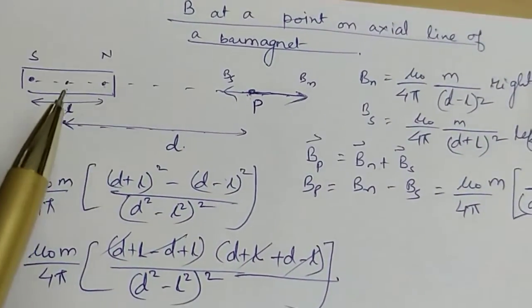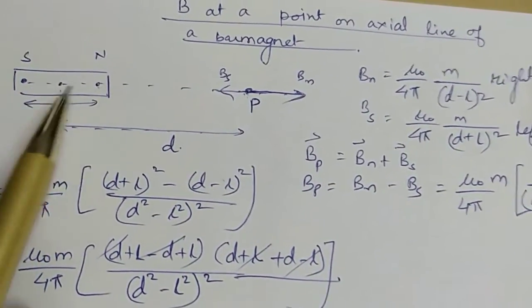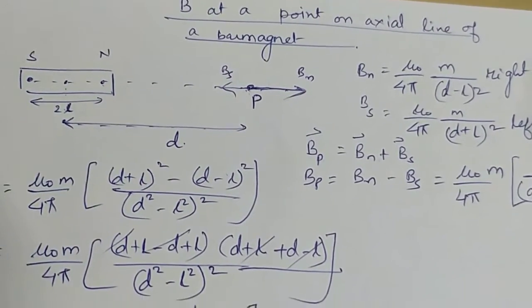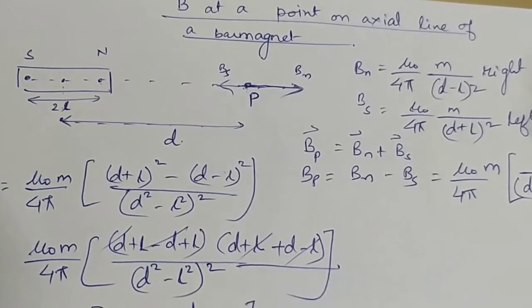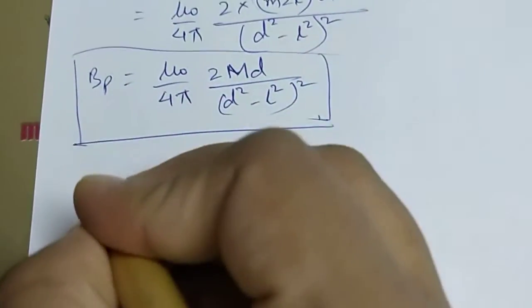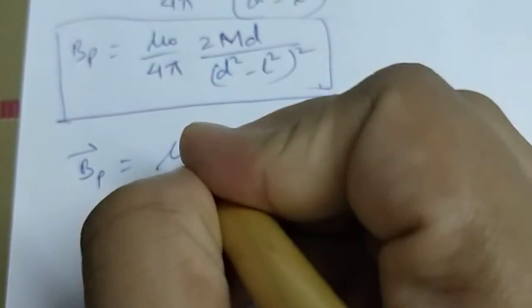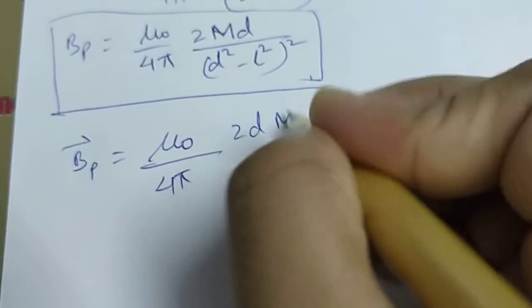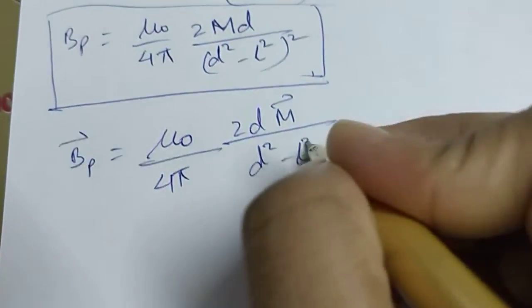South to north is the direction of the magnetic field. Also, south to north is the direction of the magnetic dipole moment. So this vector and this vector are both in the same direction. So BP in vector notation will be mu naught by 4 pi, 2 d vector m by d square minus l square whole square.